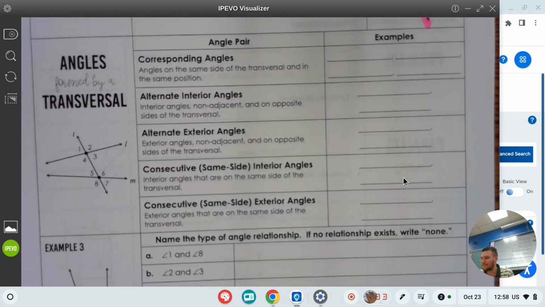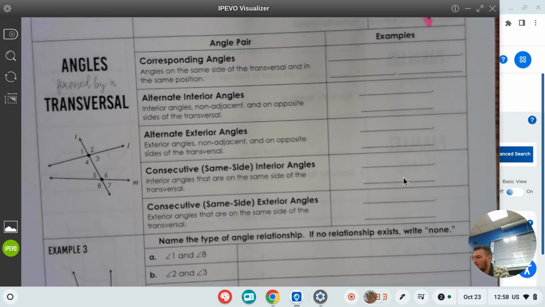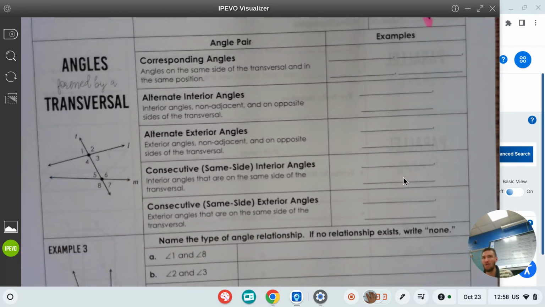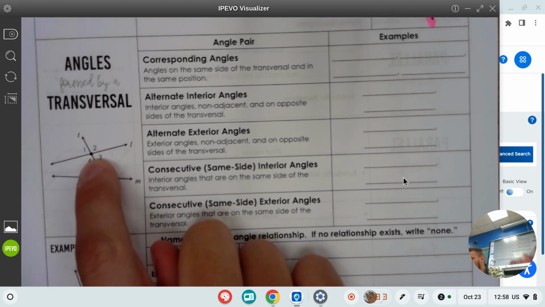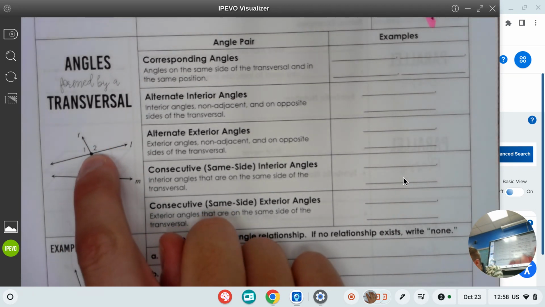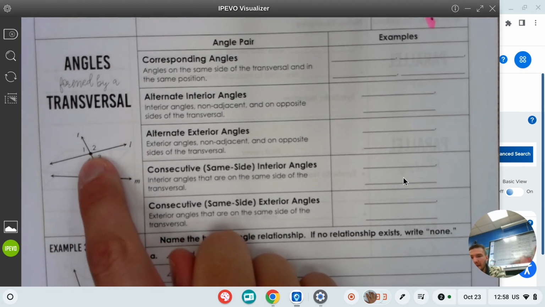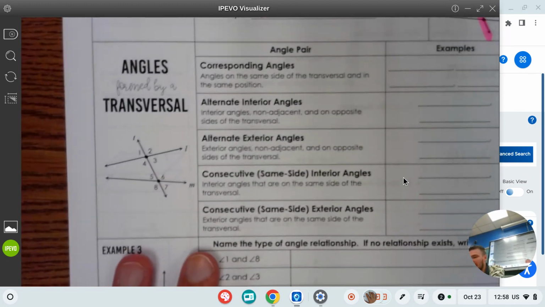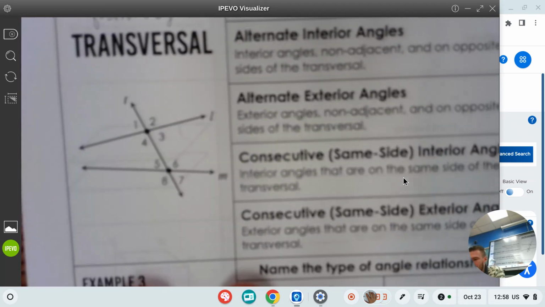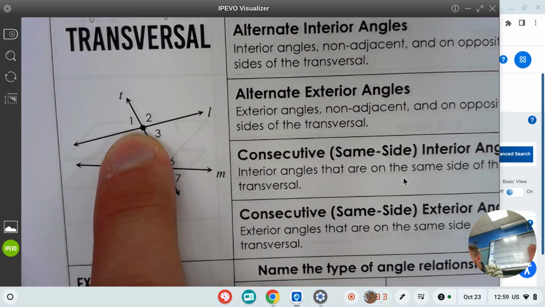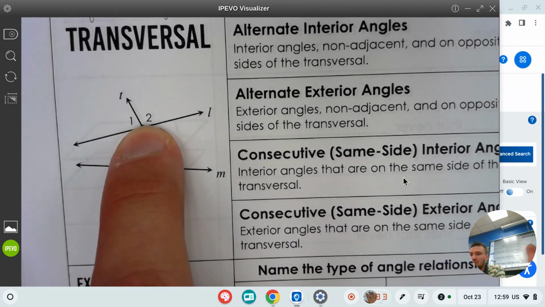Okay? The way that this works is we're trying to figure out how one of these numbers relates to one of these numbers. How maybe 1 relates to number 6. Now, we already know, and this is important, that if 1 is relating to 2, those are adjacent angles, supplementary angles.